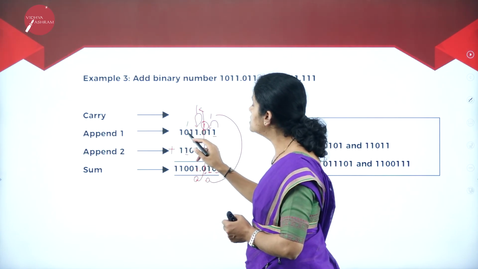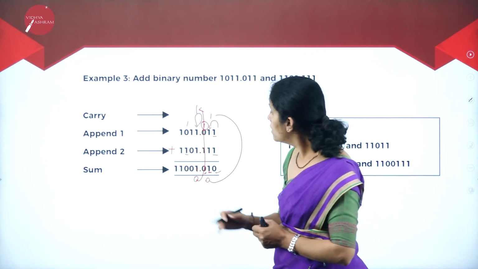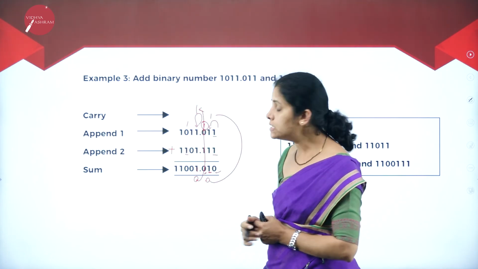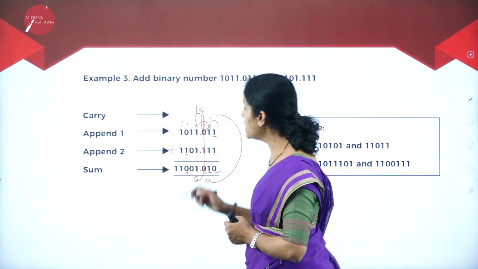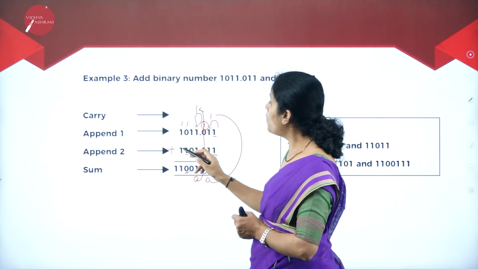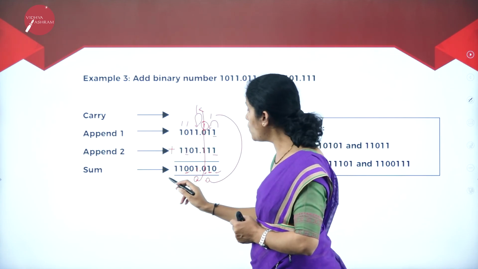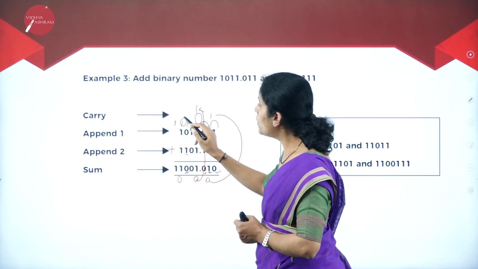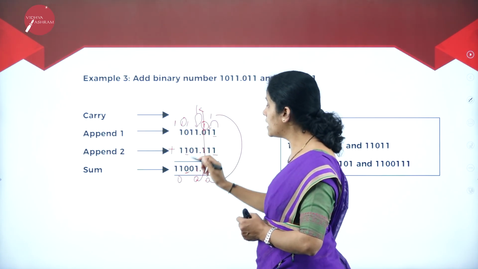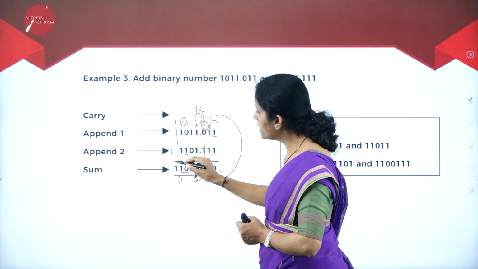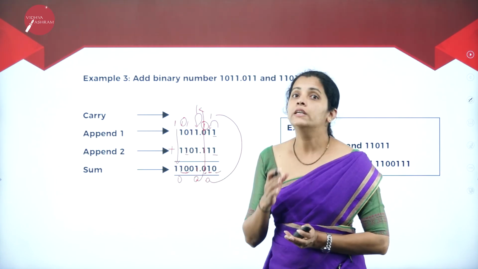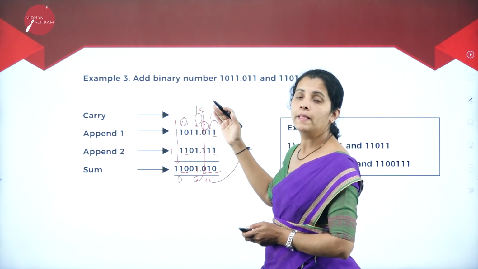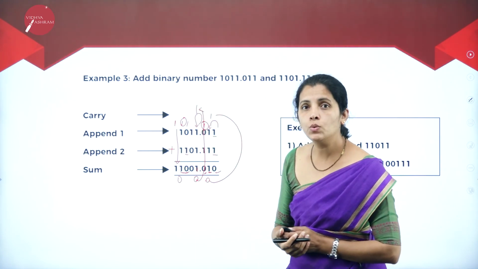So, 1 plus 0, it is 1. 1 plus 1, it is 1, 0. So, 0 is my sum and 1 is my carry. Now, I have 1 plus 1, that is 0, 1, 0 and 1. But here I have 1 carry. That is 0 plus 1, it is 1. I am going to write the carry as it is. Dear student, this is the way I can perform the addition of fractional values.